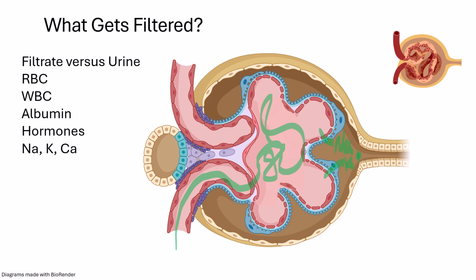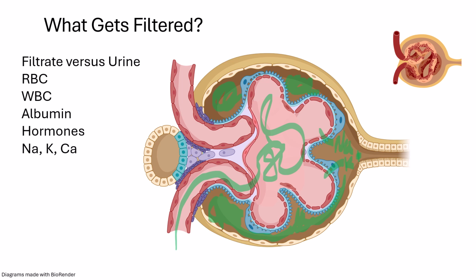This allows these cations to enter into the fluid in Bowman's capsule, which is all of this area right here between these simple squamous cells and the blue podocytes. These ions move into the filtrate that's formed from filtration, not urine, but filtrate.